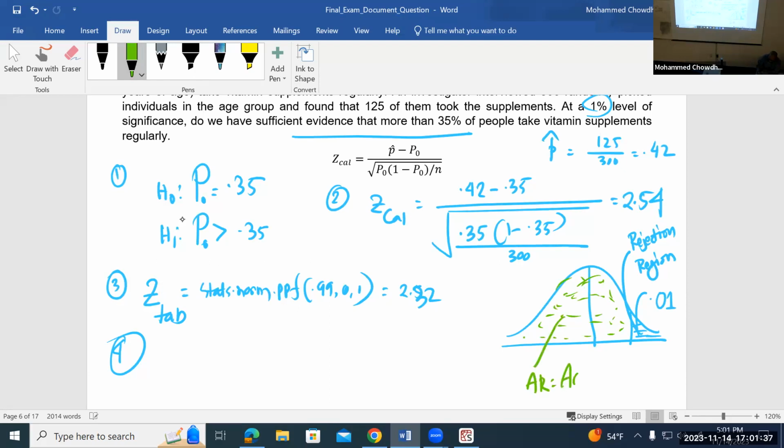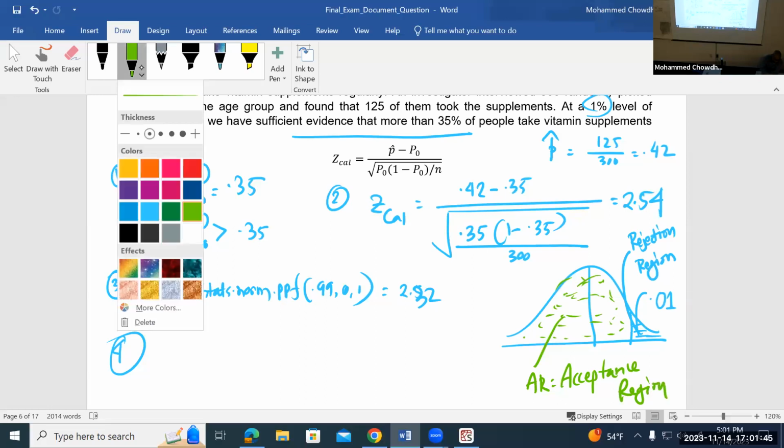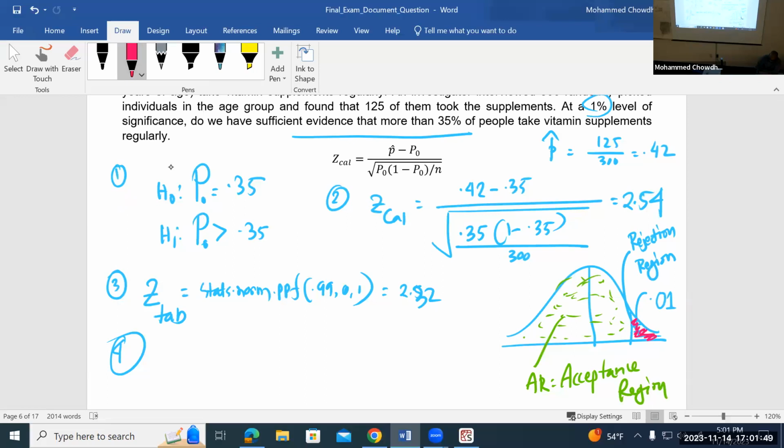That means acceptance region. This is called the rejection region, this one, red. Okay? Question? Solution. What is the solution? Would you reject or fail to reject? You would reject? Yeah, because the calculated value is greater than the table value.